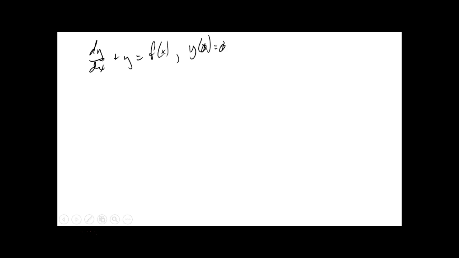But there's an f of x there. What is f of x? f of x is a piecewise defined function where it's 1 anytime 0 is less than or equal to x less than or equal to 1, and it's 0 anytime x is greater than 1. And it must not be defined for x less than 0. They don't tell us.